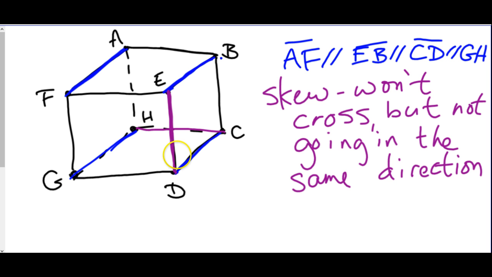So ED is skewed to HC, or I could say ED is skewed to AB. Those will never cross, but they're not going in the same direction. I could not say EF though. Let me use a different color to show. This one is not skew to ED because they touch each other, they cross each other.